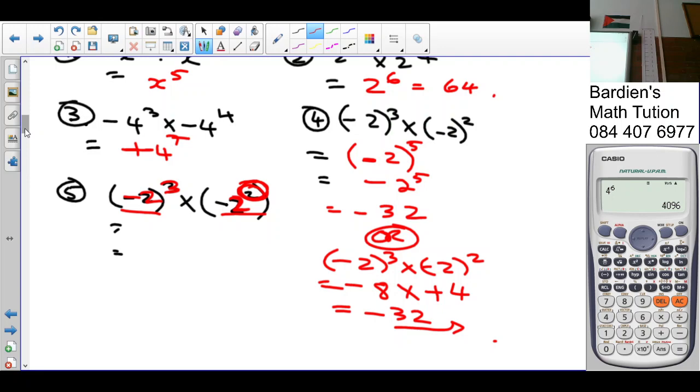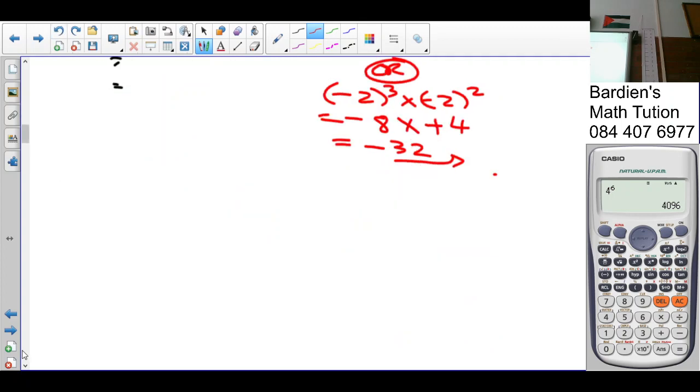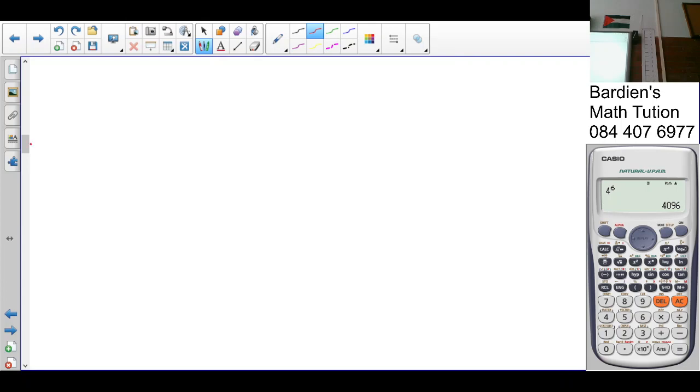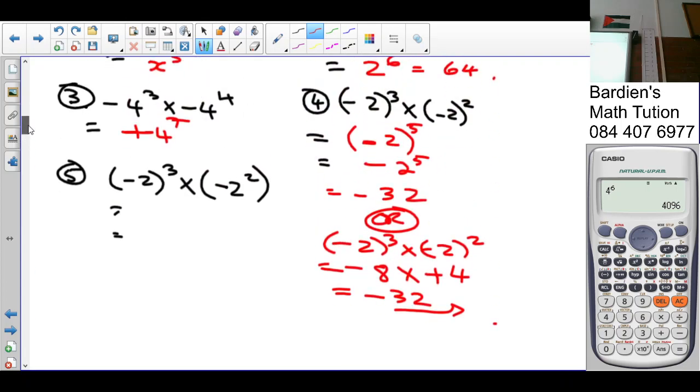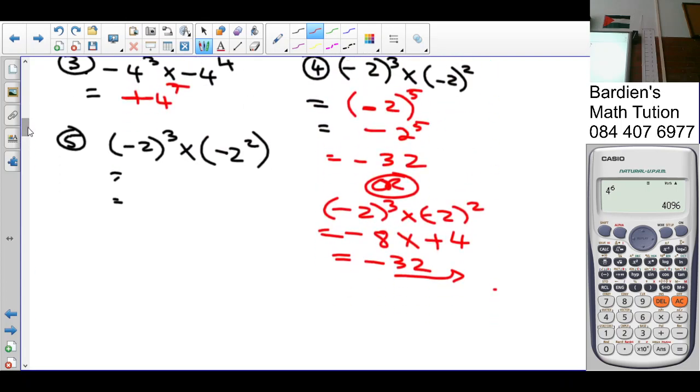Make sense? So if the bases are not the same, can I add the exponents? No. So what I need to do is work out each one individually. So what is negative 2 to the power 3?